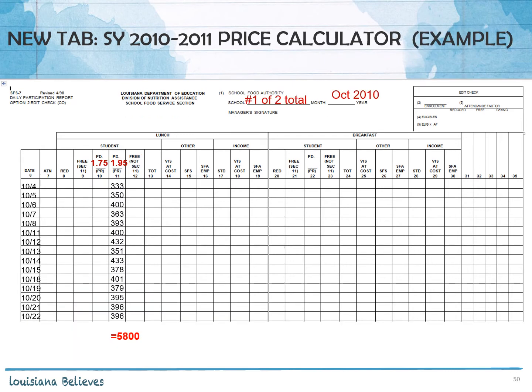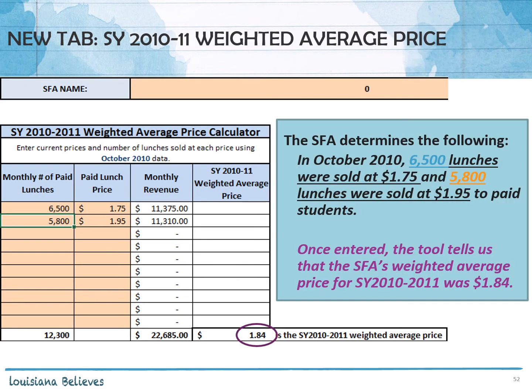When we add up all of the paid meals in October of 2010, we see that we served 5,800 paid lunches at the $1.95 price point. And we sold a total of 6,500 paid lunch meals at the $1.75 price point. We will then enter the data into the 2010-2011 weighted average price calculator.